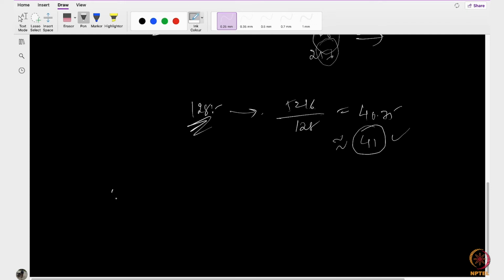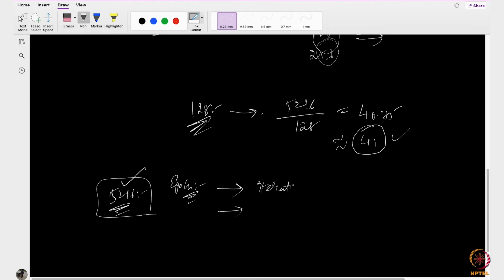That means total images are 5216. One single epoch means we have to go through all the batches of images. One iteration is nothing but one single batch. That means out of the entire set of images, 128 images will be taken and training will be done, and we call that phase one iteration.